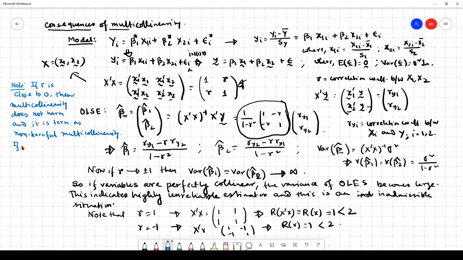If r is close to plus or minus 1, not 0, then multicollinearity implies the variance rises very much.